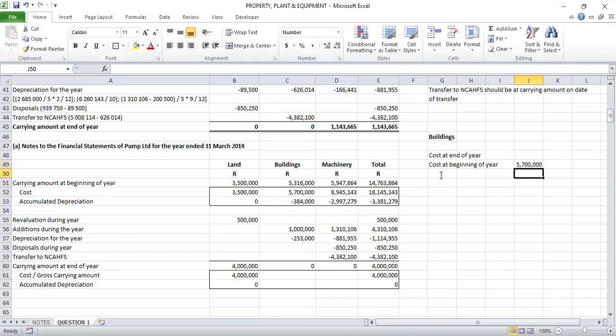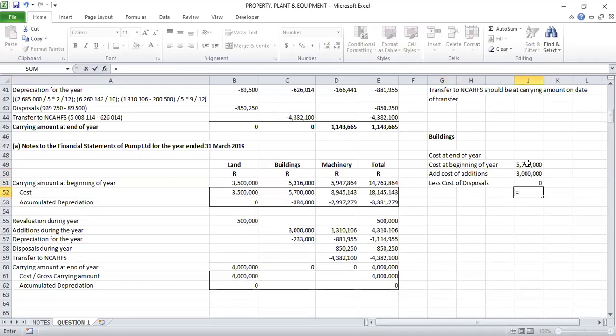Add cost of additions, which was 3 million. Less cost of disposals, which is 0. We get 8.7. So that's our formula for getting the cost at end of year.